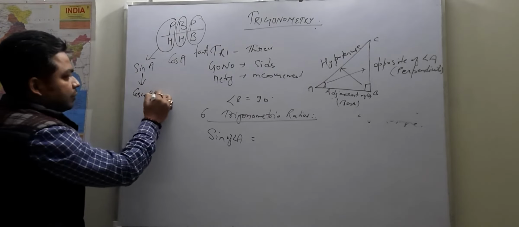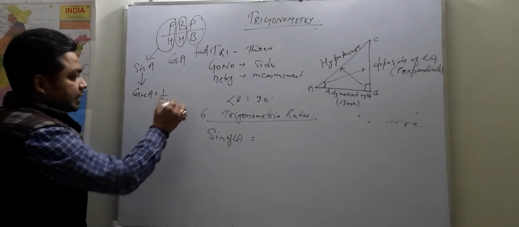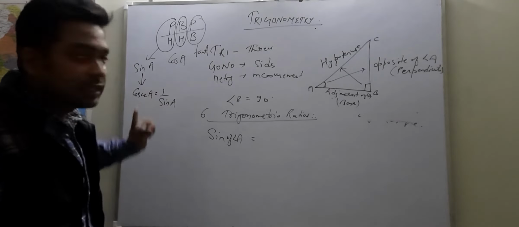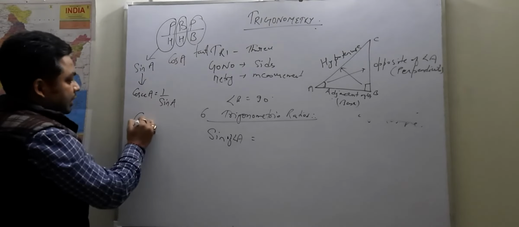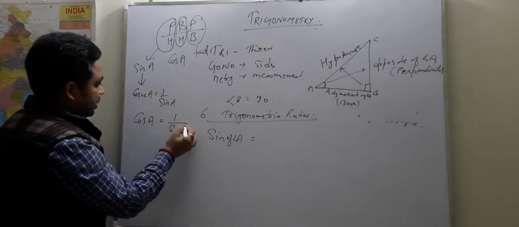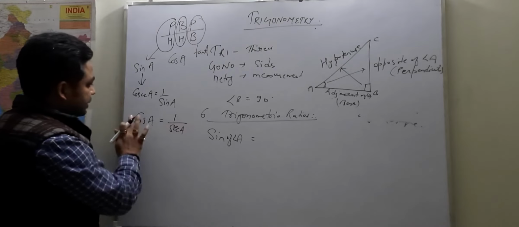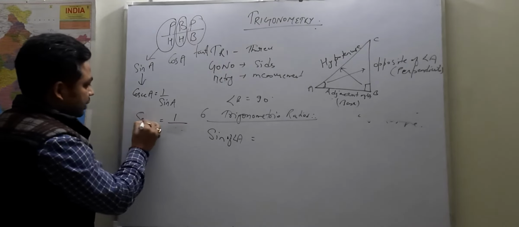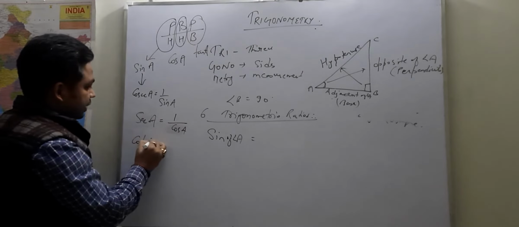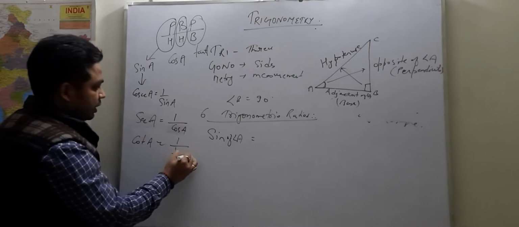So cosec A will be 1 by sine A. The reciprocal of cos A is sec A, so sec A equals 1 upon cos A, and cot A is the reciprocal of tan A.